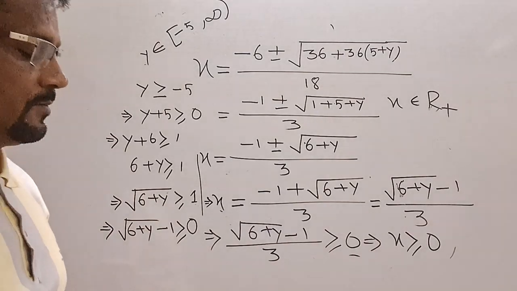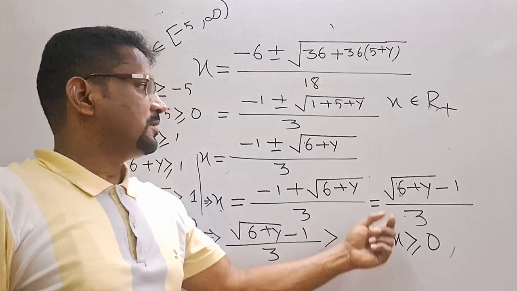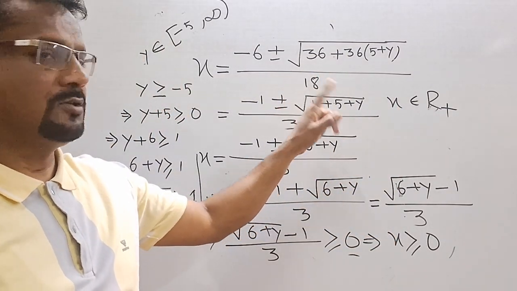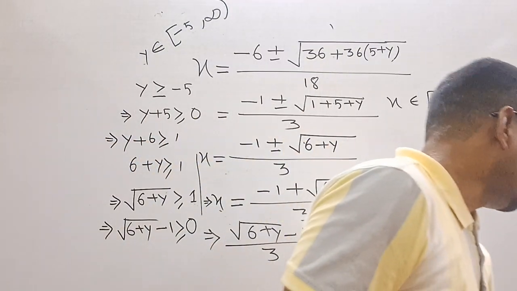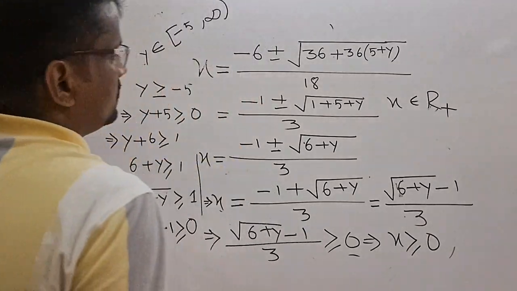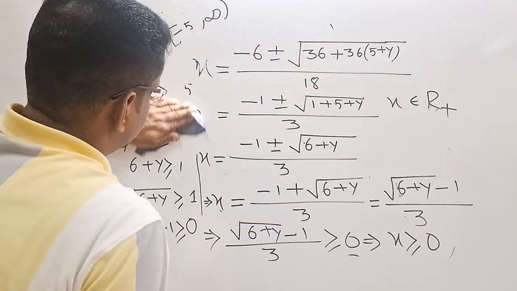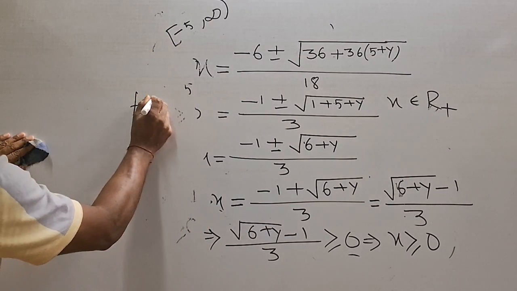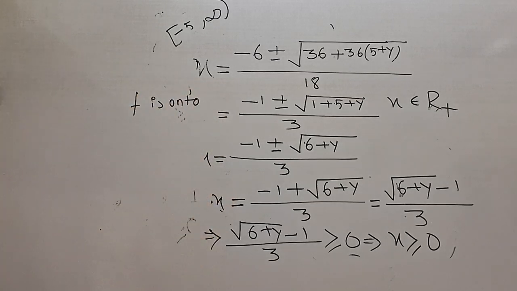What have we proved? That for any element y in the codomain, there exists some x in the domain for which f(x) equals y. It means f is onto. So finally we proved that f is an onto function. Already we proved f is one-one.